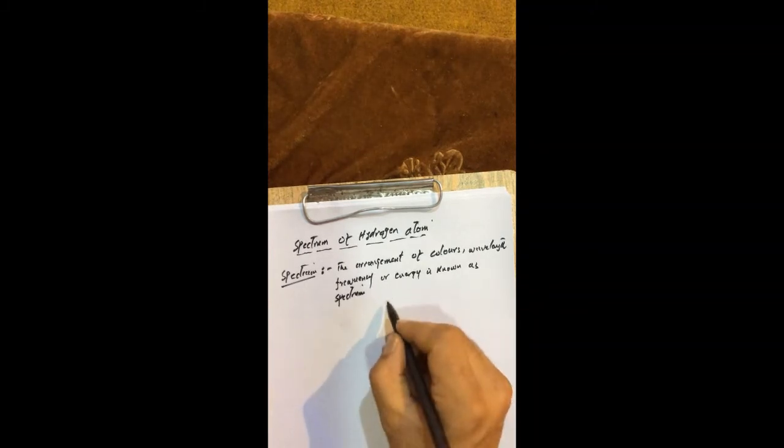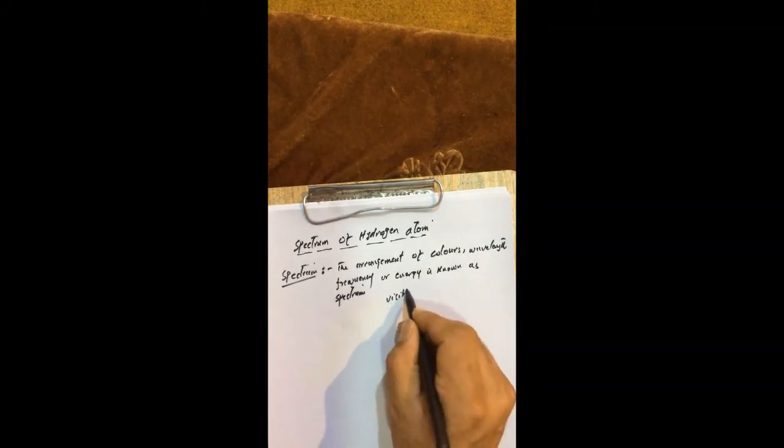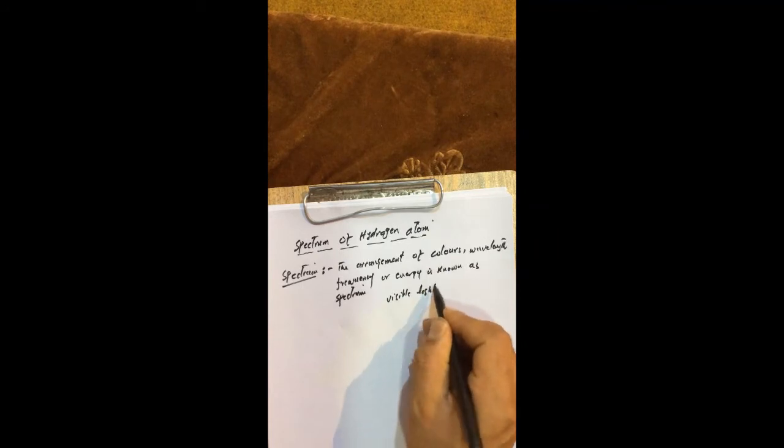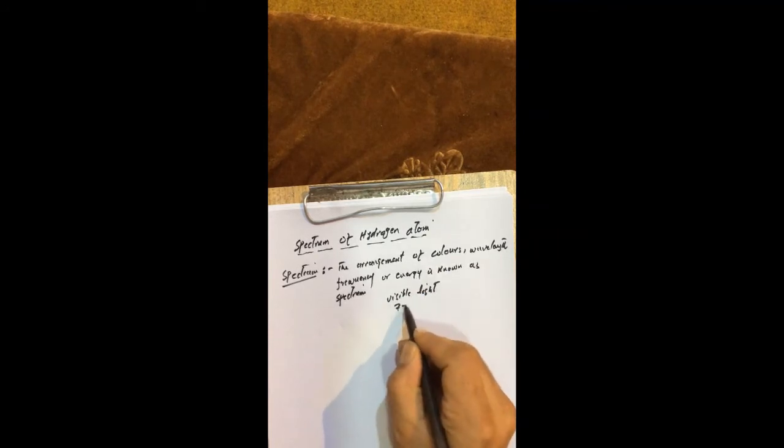Like, we know that sunlight consists of visible light, which consists of 7 colors.